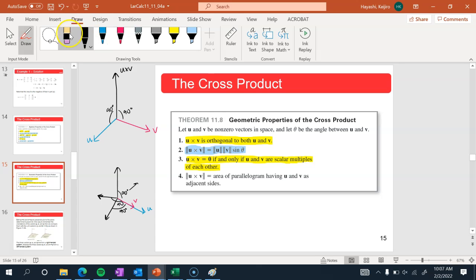So nothing comes out of this. Only the zero vector comes out of this if you try to cross them.